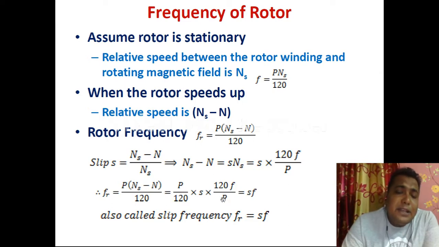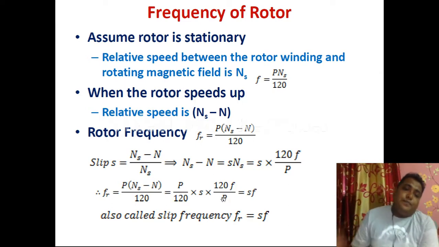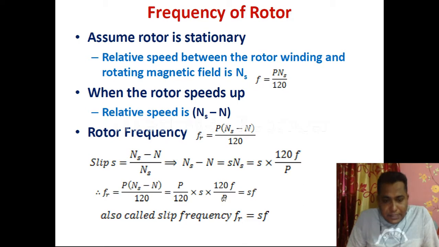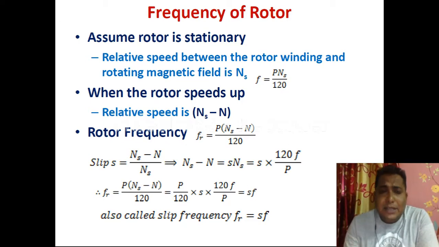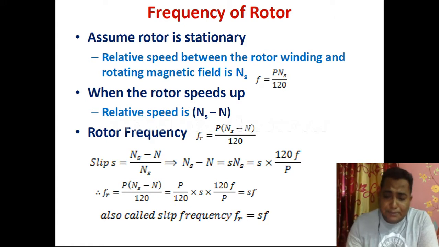What is the remaining part? s into f. So the rotor frequency, also known as the slip frequency, is given by s into supply frequency. Rotor frequency is equal to slip into supply frequency. Remember this formula always; it is very important for the different mathematical problems and also for the concept.